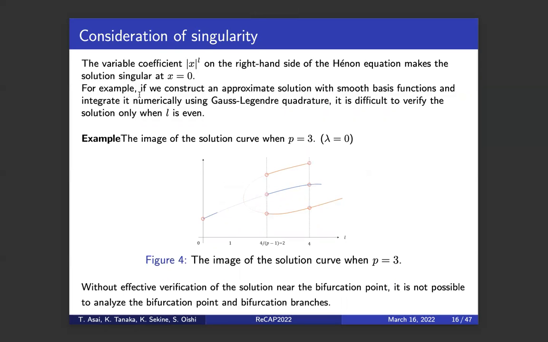So for example, if we construct an approximate solution with smooth weighted functions and integrate it numerically using, like, Gauss-Legendre quadrature, it is difficult to verify the solution when L is not an even number like 0 to 4. So without effective verification of the solution near the bifurcation point, it is not possible to analyze the bifurcation point and the bifurcation branches.